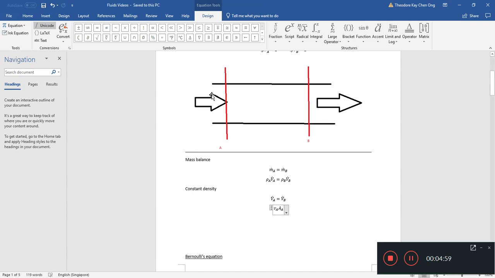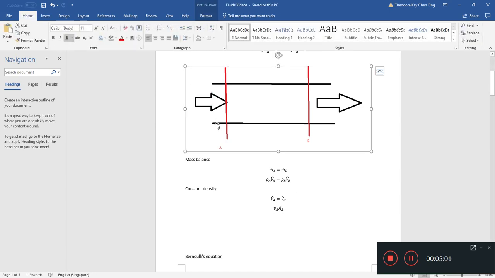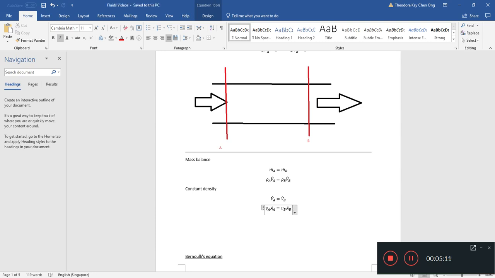The average fluid velocity at A times the area will give you the volumetric flow rate. What I'm talking about here is known as the continuity equation. It means that the mass coming in and out is conserved.